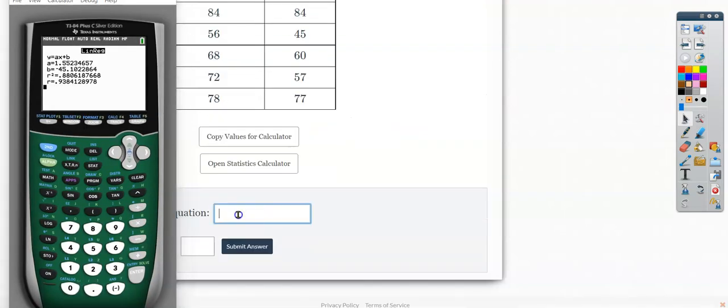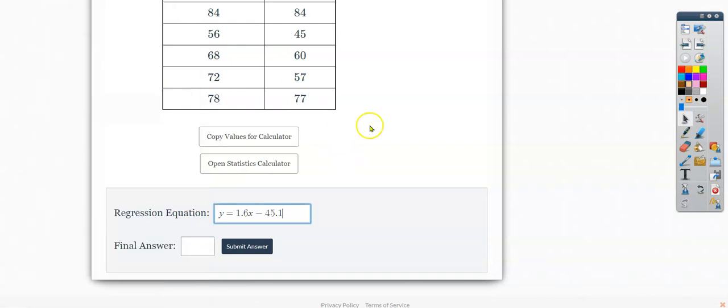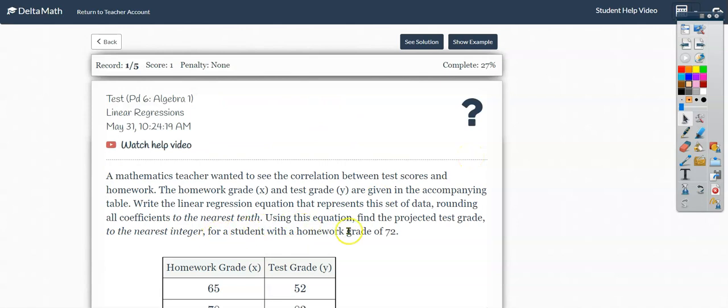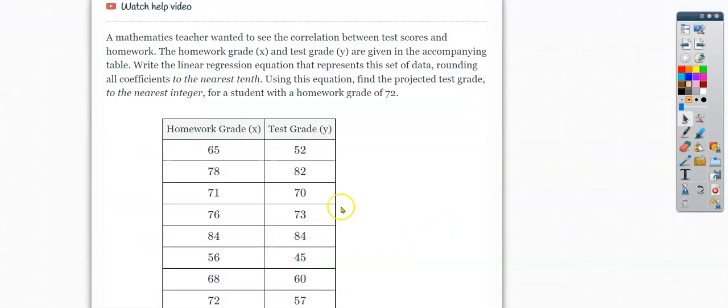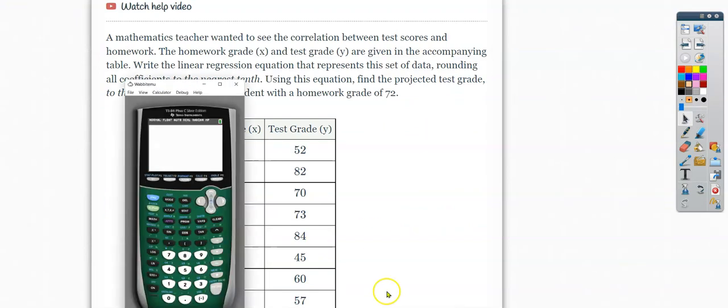So if I round to nearest 10th, that would be y equals 1.6x minus 45.1. Okay, now I need to calculate a prediction. The question says, using this equation, find the projected test grade to the nearest integer for a student with a homework grade of 72.